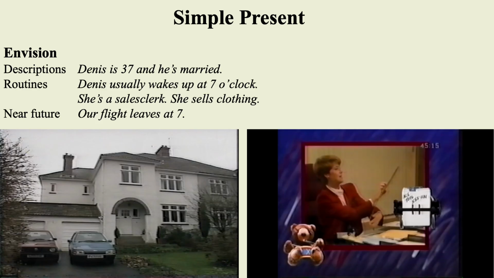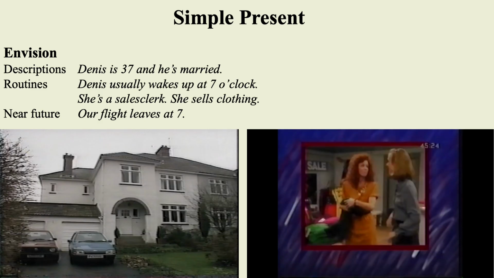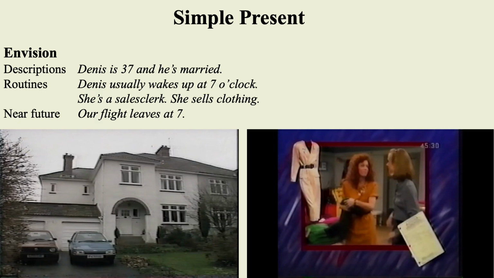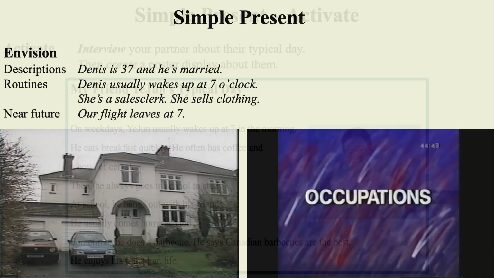She's in business. She's the boss. A vice president. That's her occupation. Her job. She's a sales clerk. She sells clothing. She's a sales clerk. She works in a store. Yeah, she's a sales clerk. She designs clothing too. A sales clerk. That's her occupation. Her job.